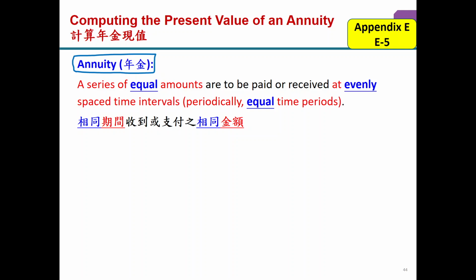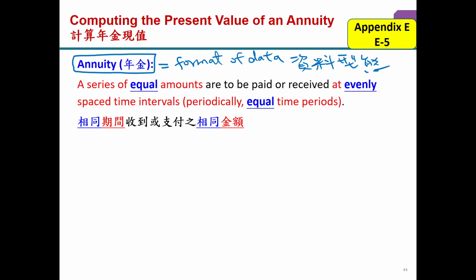It's only the format of the data, 资料的形态. So what kind of format of data we have, we call it annuity, 年金.